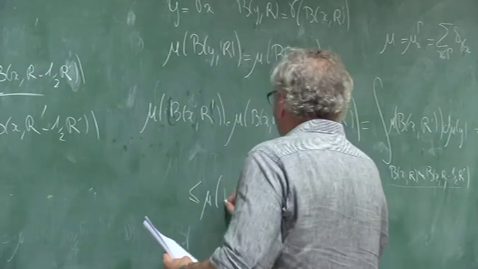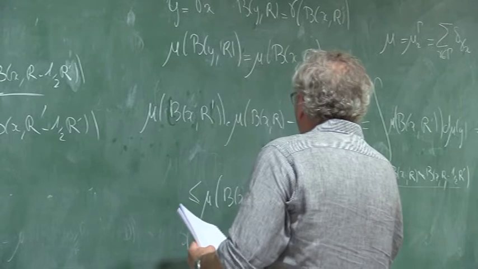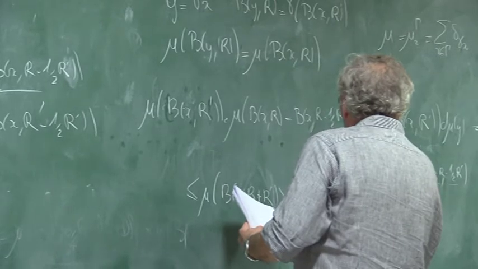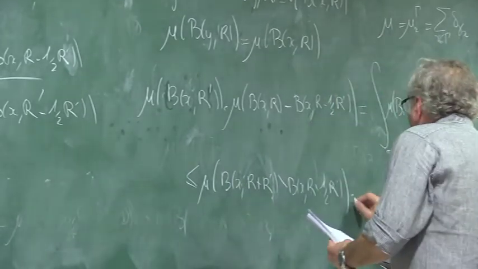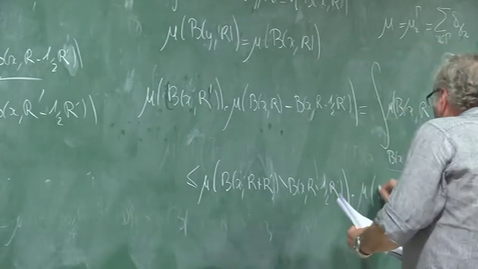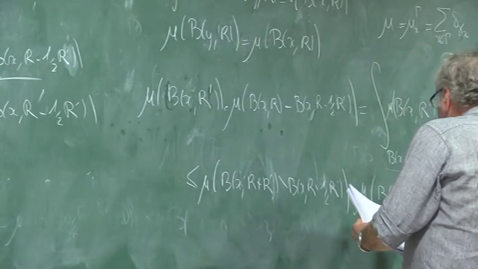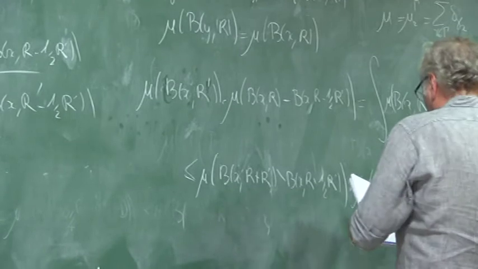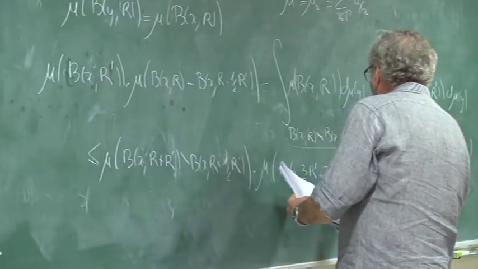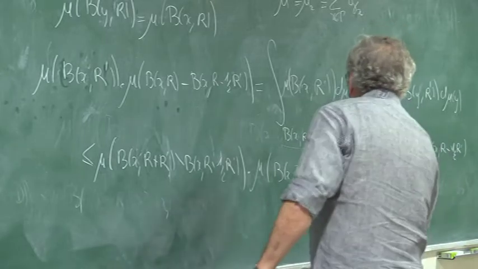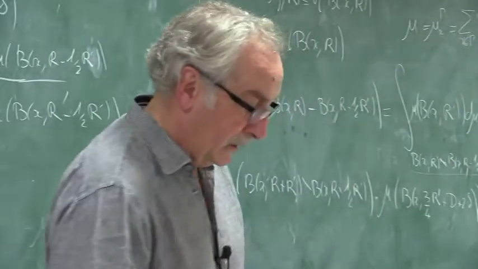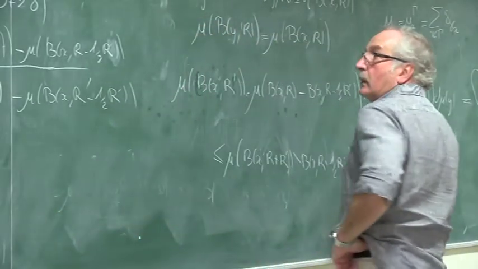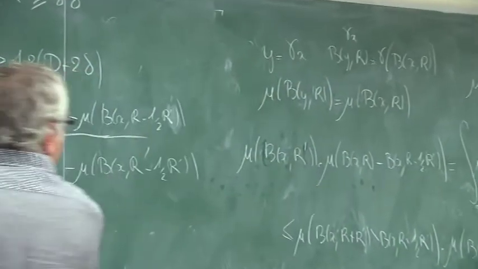Let me write it: in the previous lemma, we showed that it is bounded by mu of the ball around x of radius r plus r prime minus the ball around x of radius r minus 1 alpha of r prime, so it's an upper bound, times the measure of the ball centered at x of radius 3/4 of r prime plus d plus 2 delta. We are almost done, so we are working on the denominator.